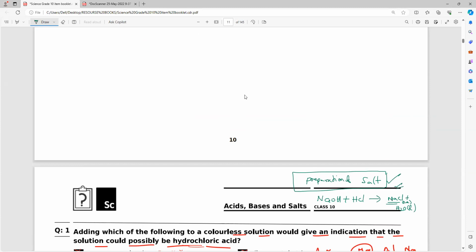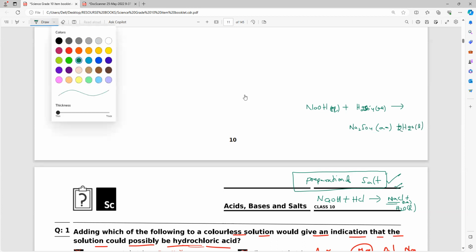We have many examples. Sodium hydroxide reacting with sulfuric acid, H2SO4. So acid reacting with the base, we will get sodium sulfate, Na2SO4, plus we will get water. This is what we call a neutralization reaction.